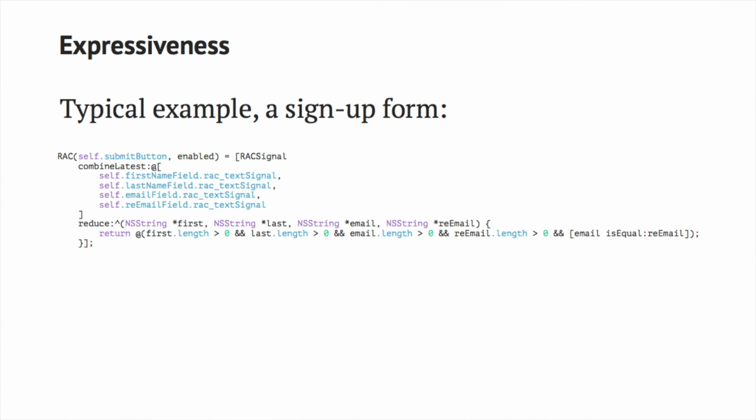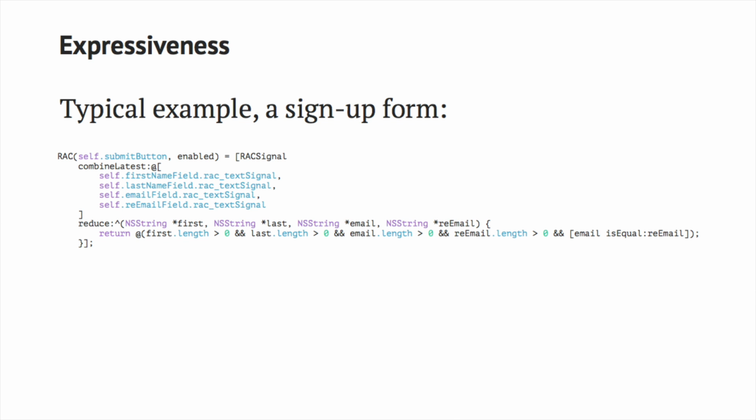So in this case, we're combining 4 signals. The text fields, as the user's tapping away, are going to change. So we've got this combine latest operator, which takes an array of signals, and every time one of those signals sends a value, it composes it and passes it along in the chain.